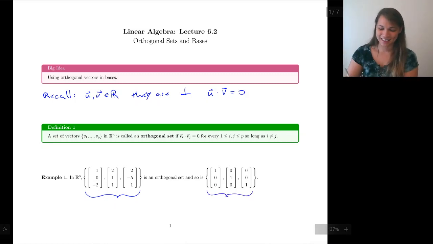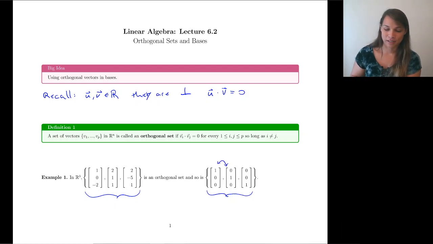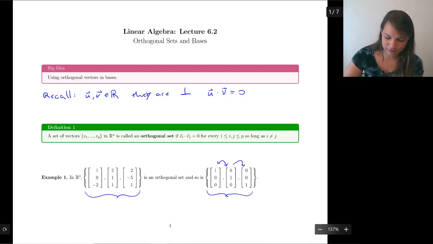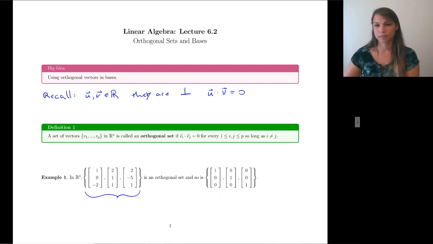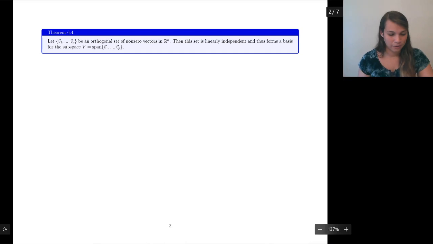And then this set is also orthogonal, and that one's more obvious. If you dot product these, it's pretty easy to see that the dot product is going to be 0, and the same with these. So that's an orthogonal set as well. Fantastic orthogonal set.